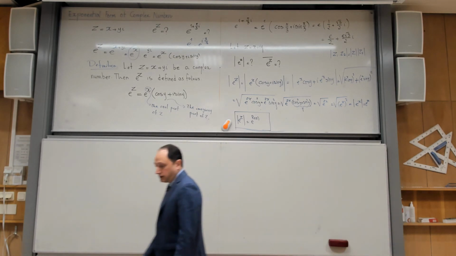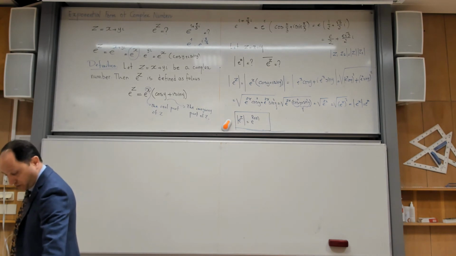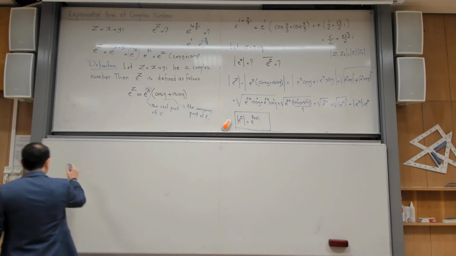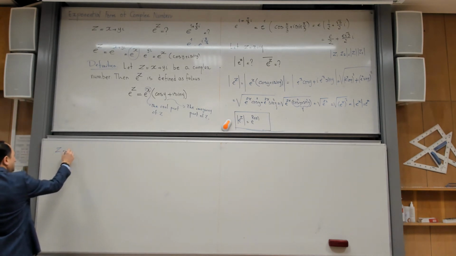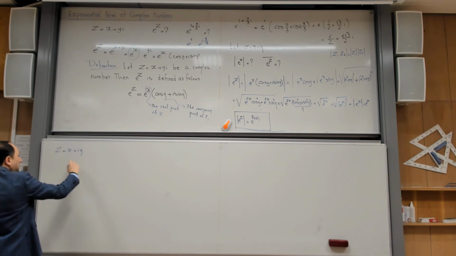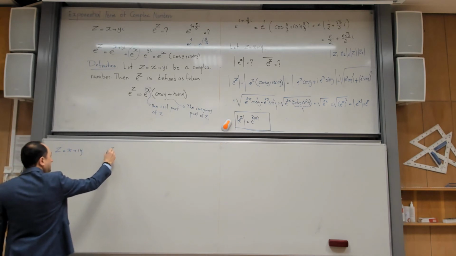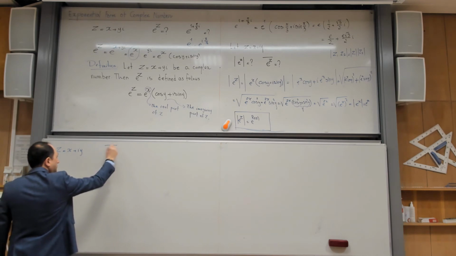Okay, so if I want to do the other one, z is equal to x plus iy. My question is that what happens if I have e to the power z and I want to find its conjugate?